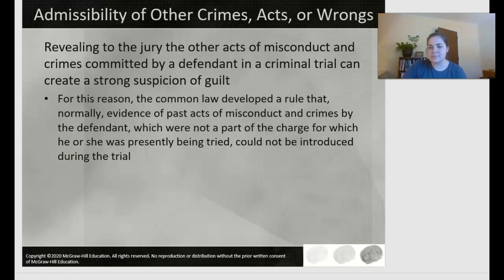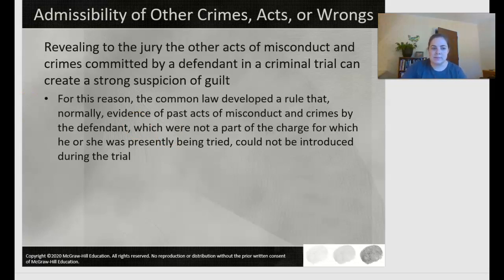And this makes sense. If the defendant is not on trial for those actions, we do not want to create a presumption that, again, this is a horrible person, therefore we should just convict them on whatever we can, because that's not how our constitutional framework works.